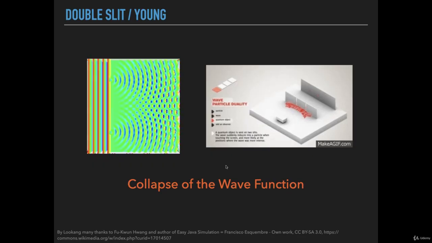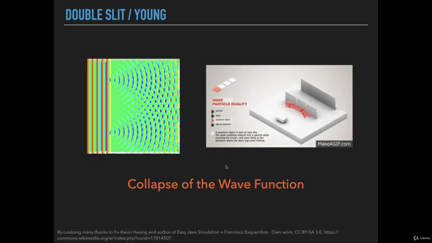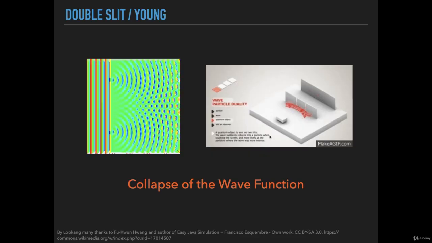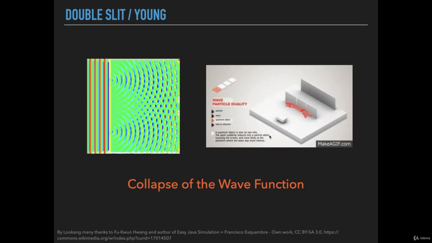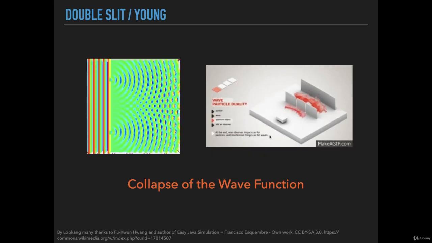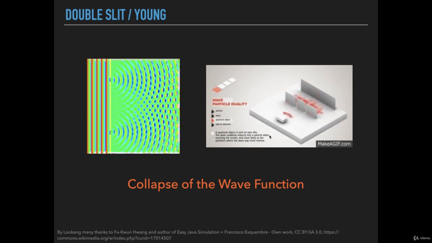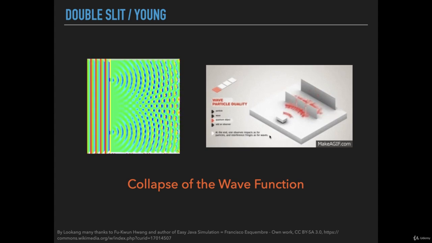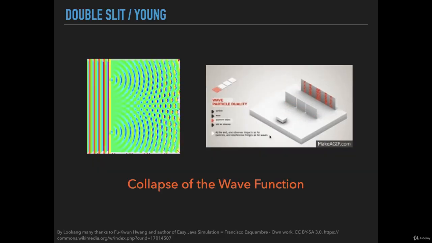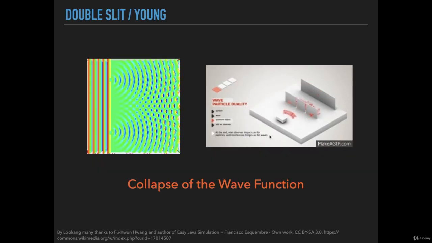That was shocking, because how would photons know that they're being observed? It doesn't make sense. You expect them to create this interference pattern, but if you observe them, they don't create that pattern.